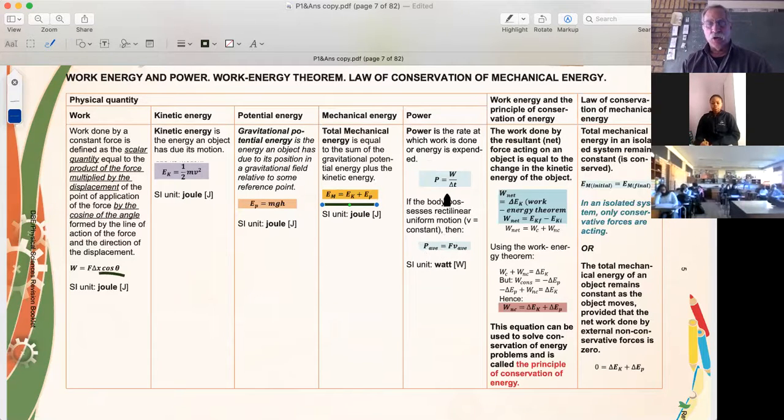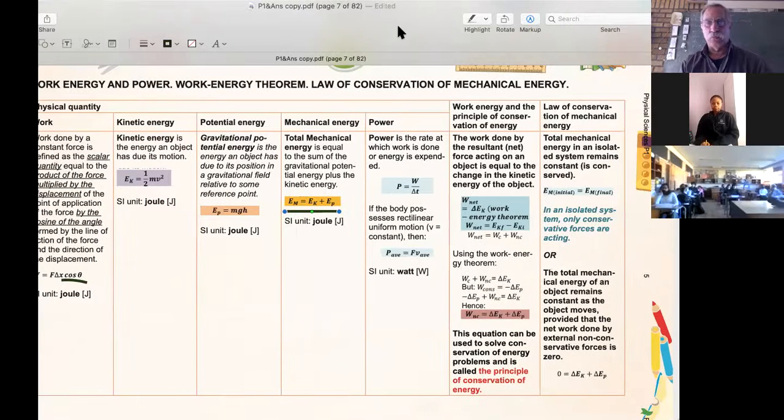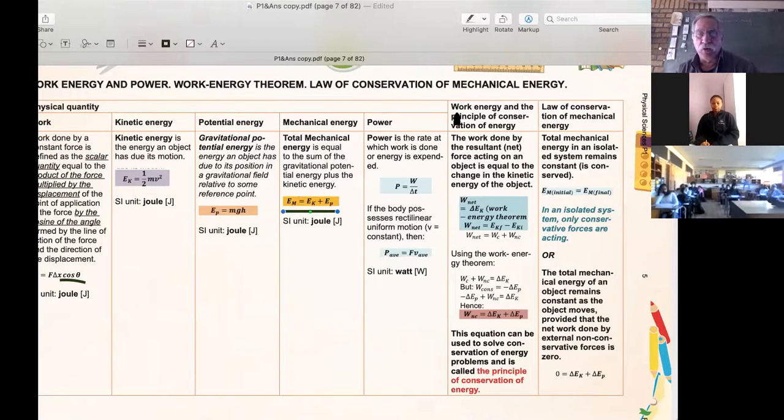Okay, so power is work done over time. And now we come to something here called the work energy theorem and the principle of conservation of energy.